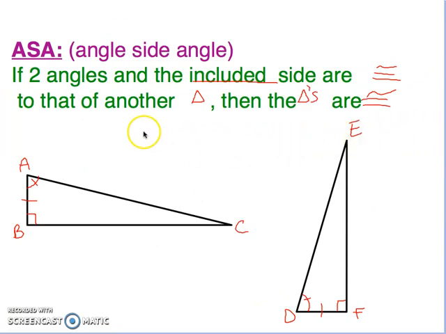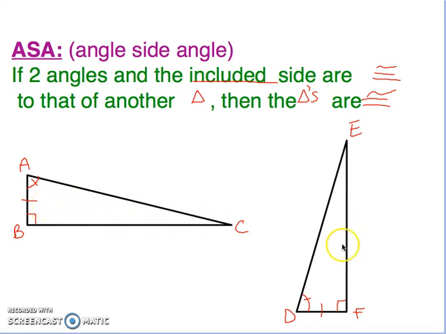The next theorem is angle-side-angle. This theorem describes if two angles and the included side are congruent to that of another triangle, then the triangles are congruent. So what that means is if in two triangles I have an angle marked congruent and another angle marked congruent, and the side in between the two angles is also marked congruent, this would be considered angle-side-angle.